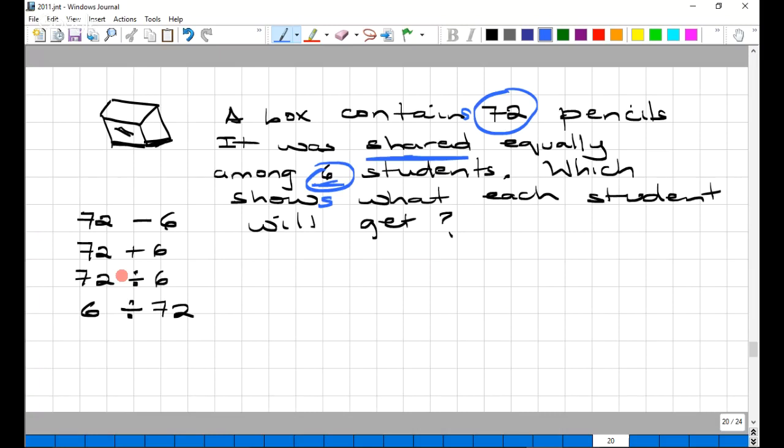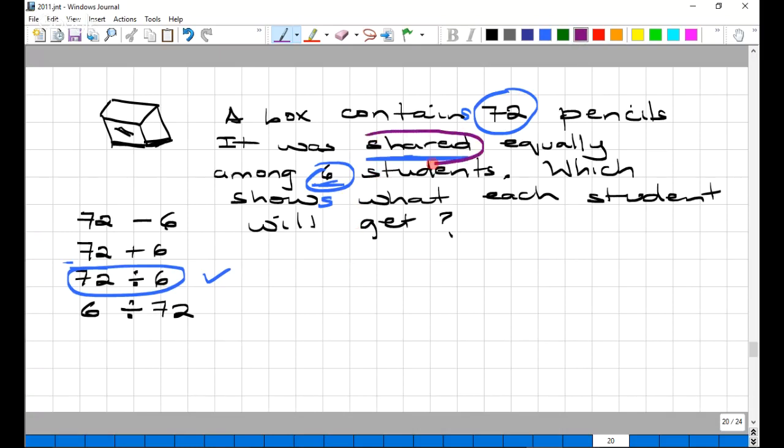72 divided by 6. Okay. Are we all agreed on that one? Yes, sir. What is the key word that I'm looking for in this problem to tell me what to do? Shared.